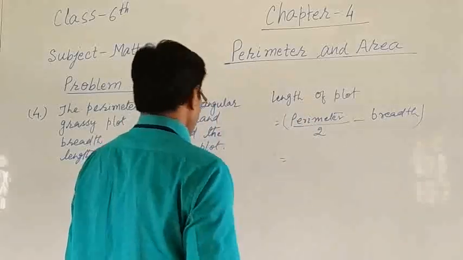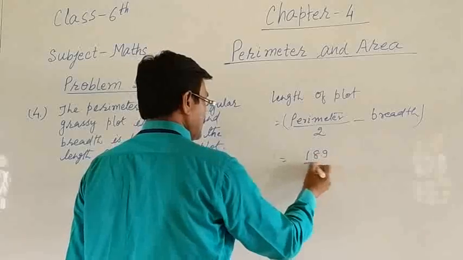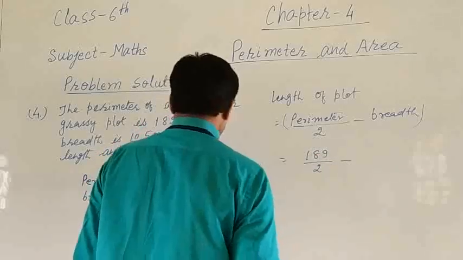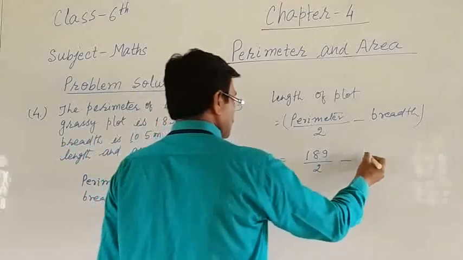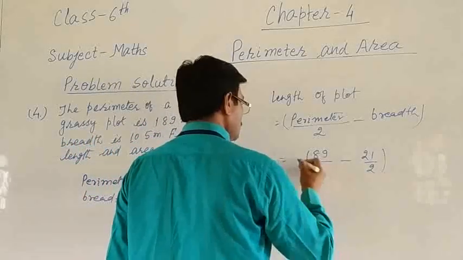Okay. Now perimeter is given 189 by 2 minus breadth is given 10.5 or write 21 by 2.